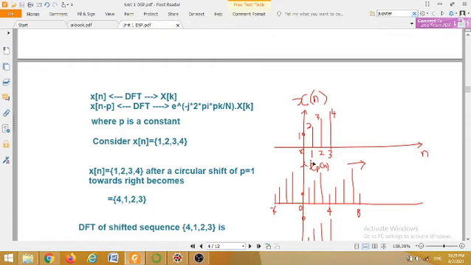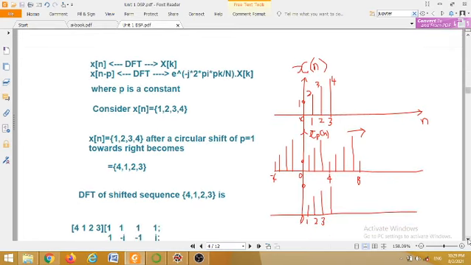Otherwise, if you consider this as a periodic sequence, then a single shift causes 1 to move to the next location, 2 to move to the next location, 3 to move to the next location, and 4 to move to the next location. Similarly, in the previous case, the 4 would be moving from the -1th sample to the 0th sample.